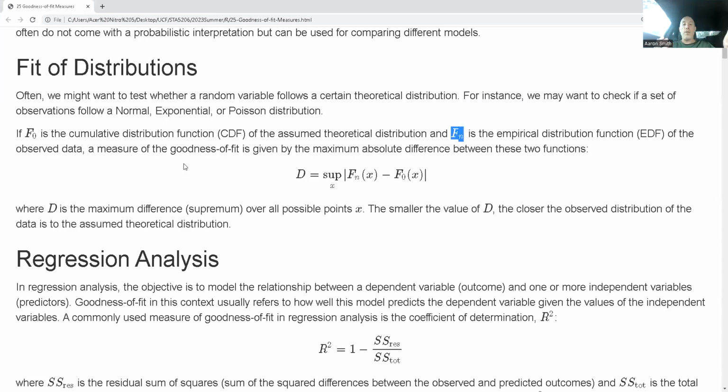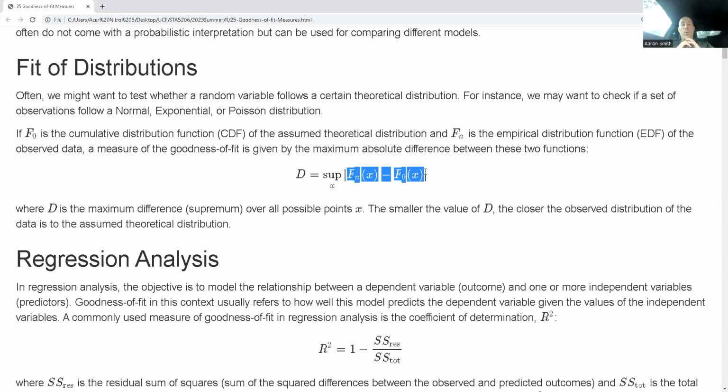What we're going to do is take the cumulative distribution function we have in theory, the cumulative distribution function that we have from data, and look at the supremum of the difference between the two functions. Now, it's a supremum, not a maximum.